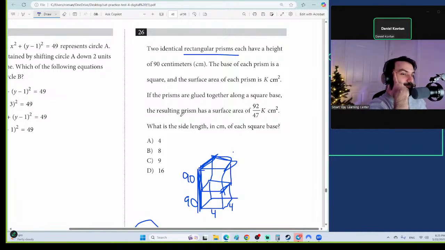I have a quick question. If it says the surface area of each prism is k centimeters squared, wouldn't the 92 over 47 just mean that we're missing one face of the prisms because it's glued together? The resulting prism, meaning the new one, when one is on top of another.